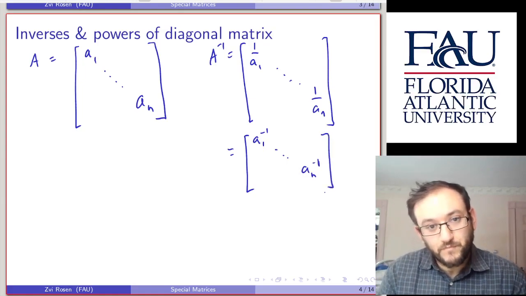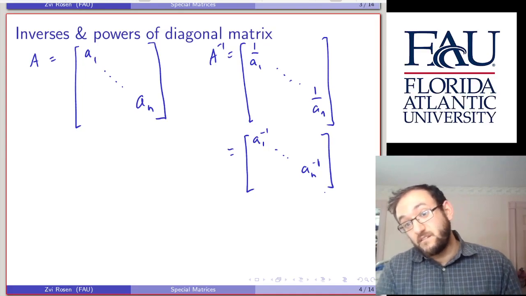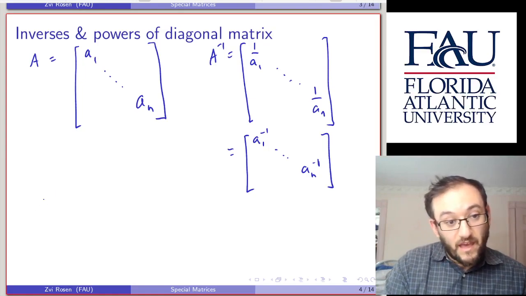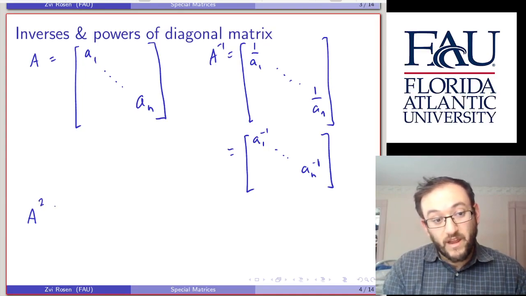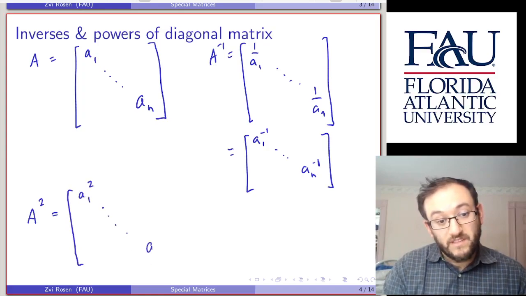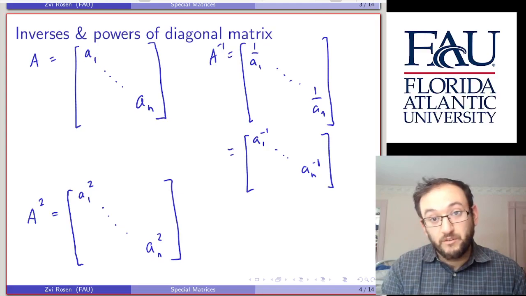Okay? How about powers of the matrix? Well, based on how we saw these diagonal matrices multiply, whenever you take a power, so let's say the square, all you're going to end up doing is squaring all of the diagonal entries. And this is true for an arbitrary power.